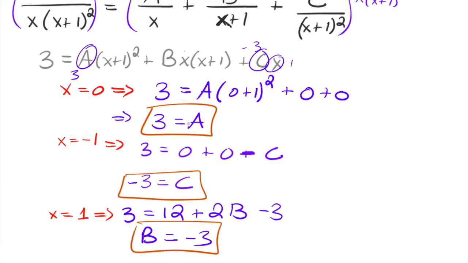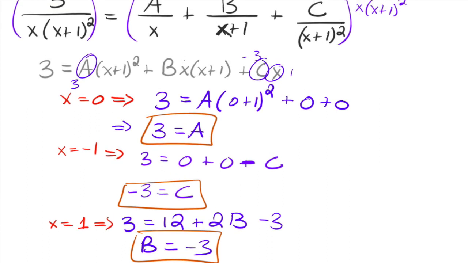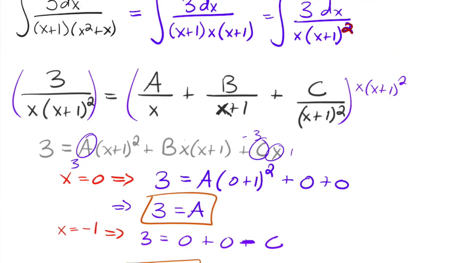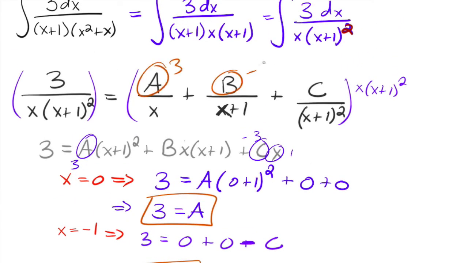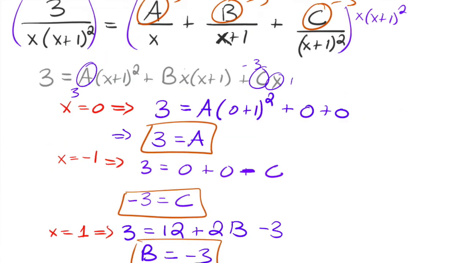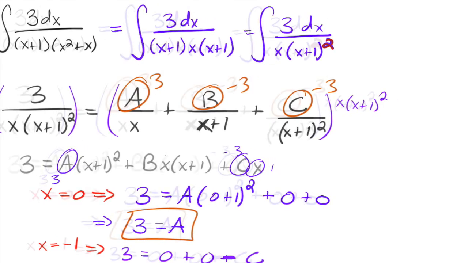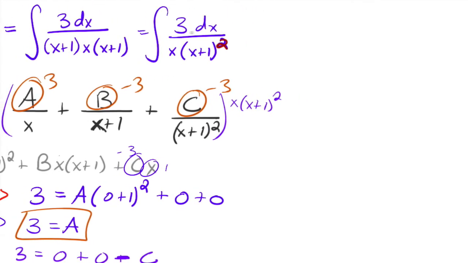Okay, so I've got a is 3, b is negative 3, and c is negative 3. So then I can decompose my fraction in that way: 3, negative 3, negative 3. Okay, so let's write this out then. That means that this integral can be written as 3 different integrals. The first one would be 3 times the integral of dx over x.